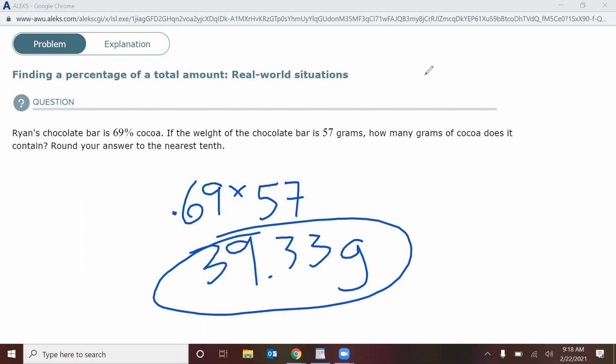So if I take 69% of the 57 grams and translate that into an algebraic expression, it looks like that. And that's all you have to do.